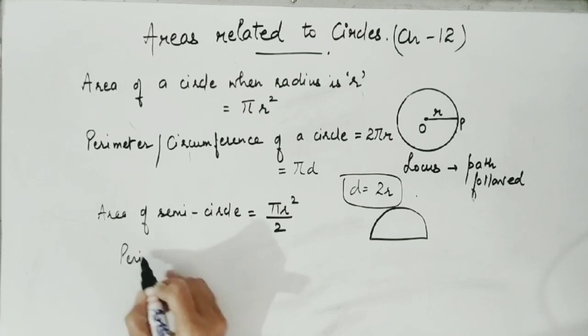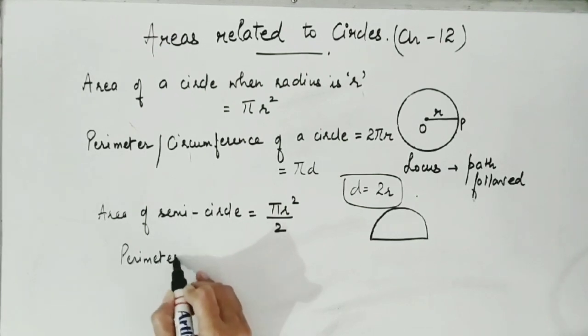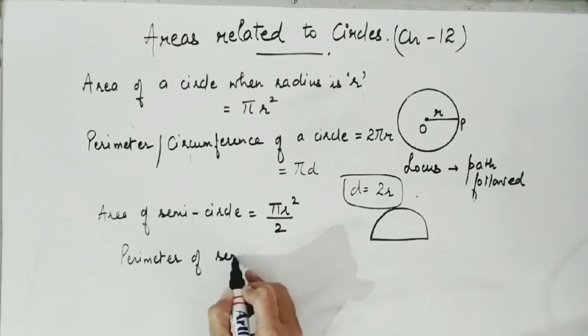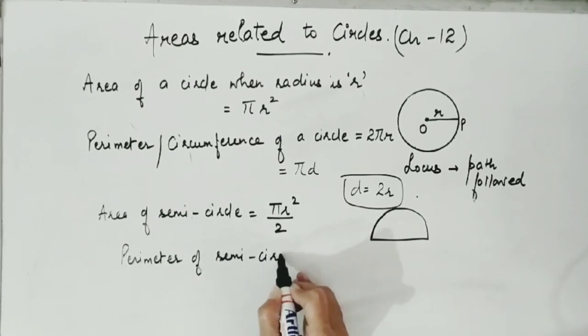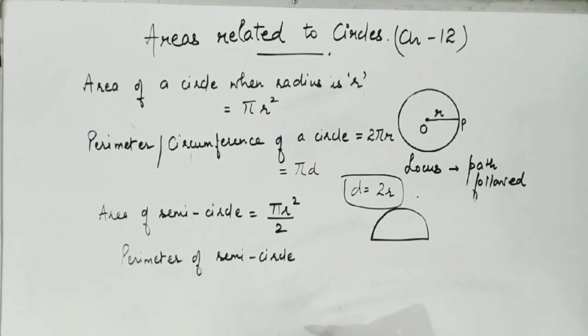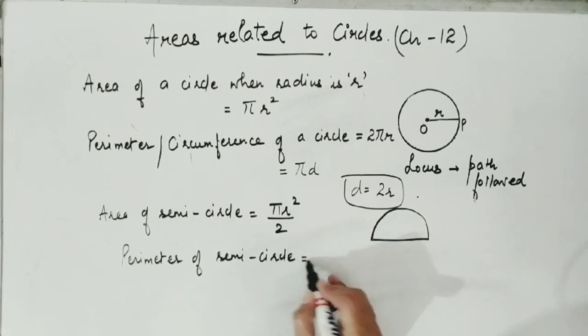Then comes perimeter of semicircle. How do you find perimeter of semicircle?